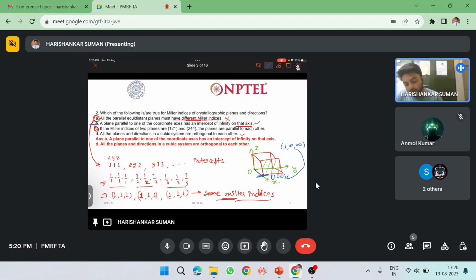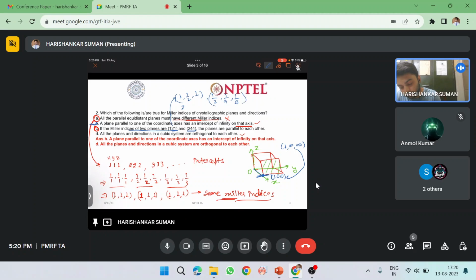If the Miller indices of two planes are 1 2 1 and 2 4 4, are the planes parallel to each other? So can you draw this plane? 1 2 1 Miller indices. Please convert into intercepts.